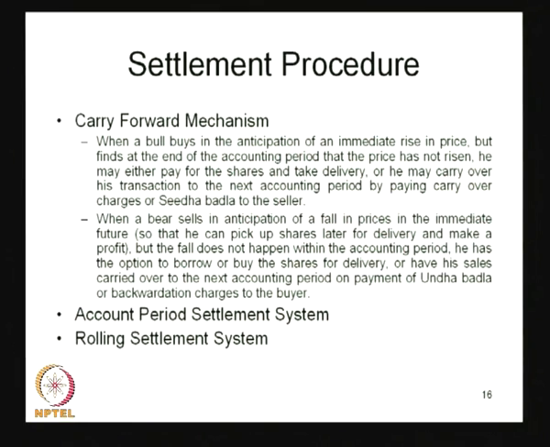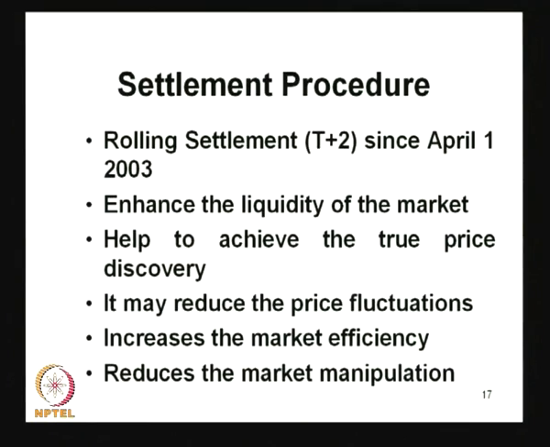But gradually it moved to the account period settlement system. In the account period settlement system, the settlement takes place maybe after 15 days or after 20 days. Previously it came down to a week, but now that is not working. Now we have a rolling settlement system. In the rolling settlement system, the settlement is carried out gradually, and now we are going for T plus 2.